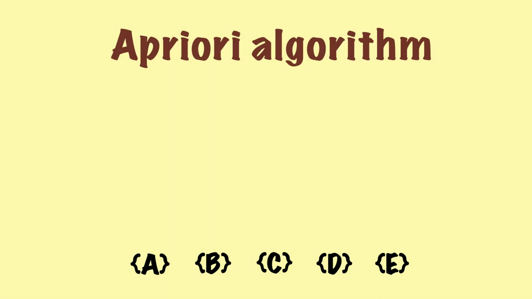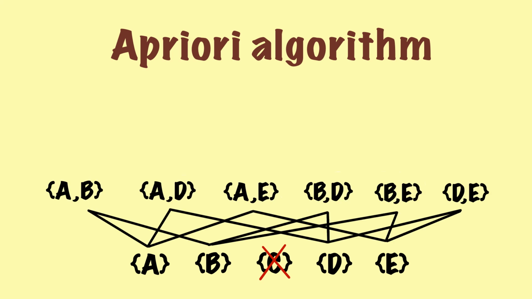Another way to think about Apriori algorithm is to plot a tree diagram. We start with the lowest branches, which are one item sets. Then we remove the branches that don't fit the requirement. Then we grow the tree based on the frequent item sets. Again, we remove the branches that are not frequent.